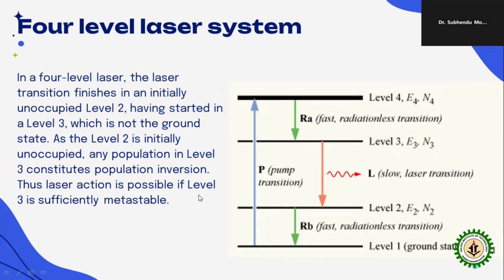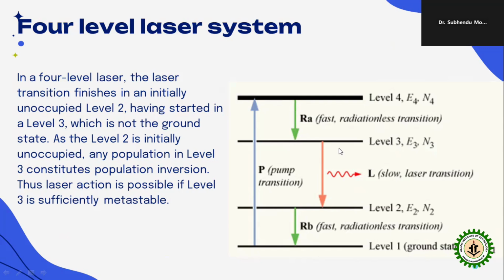The advantage of the 4-level system over the 3-level system is that level 2 is initially unoccupied, because all the atoms are in the ground state, level 1. So if we excite the atoms from level 1 to level 4, by a spontaneous process they come down to level 3.